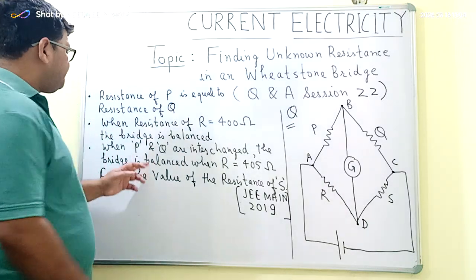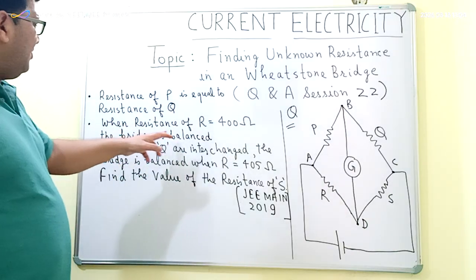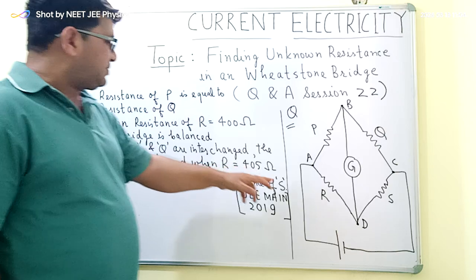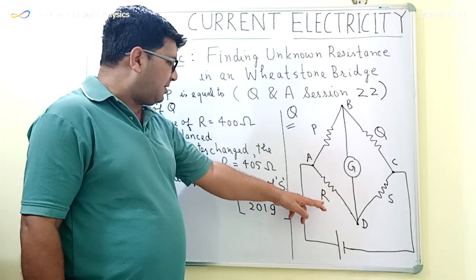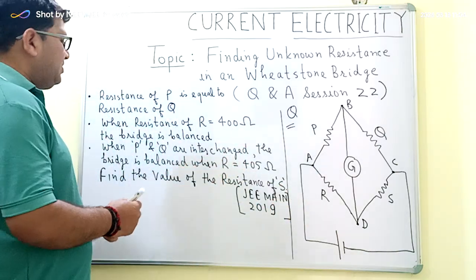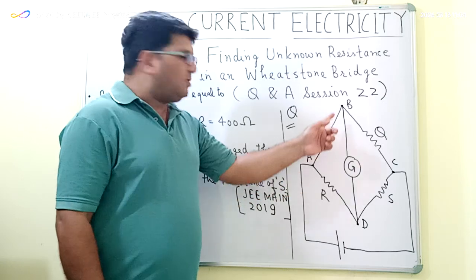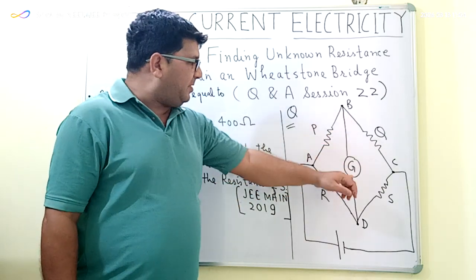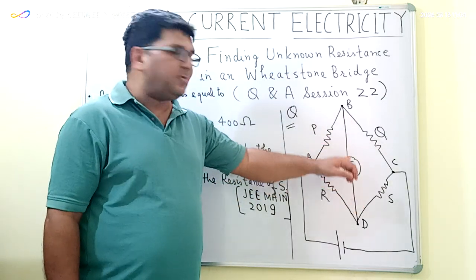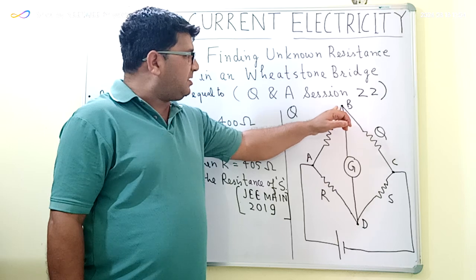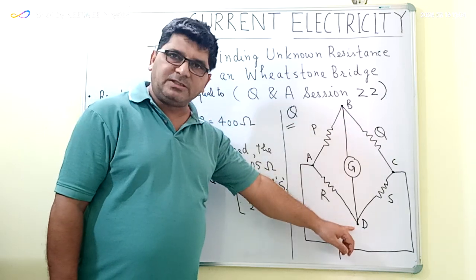So in the first case, when the value of the resistance of this resistor R is equal to 400 ohms, then the bridge is balanced. When the bridge is balanced, there will be no flow of current through this galvanometer, and this happens when these points B and D are at the same potential.